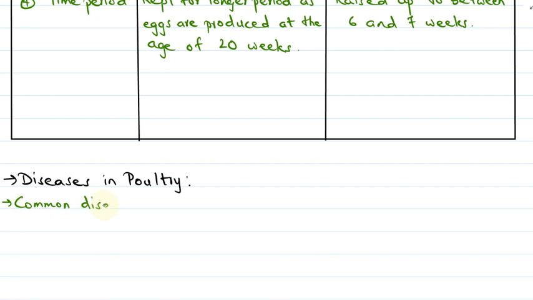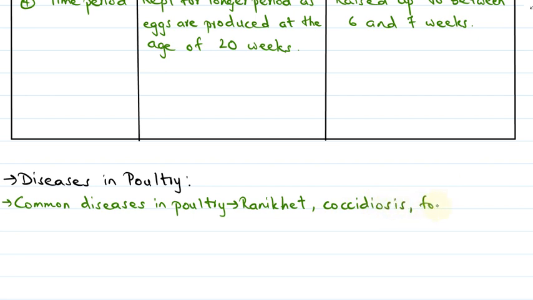So generally these birds are affected by diseases such as the most common diseases in poultry. Some of the common diseases are Ranikhet, okay, then Coccidiosis, then fowl pox, and tick fever.